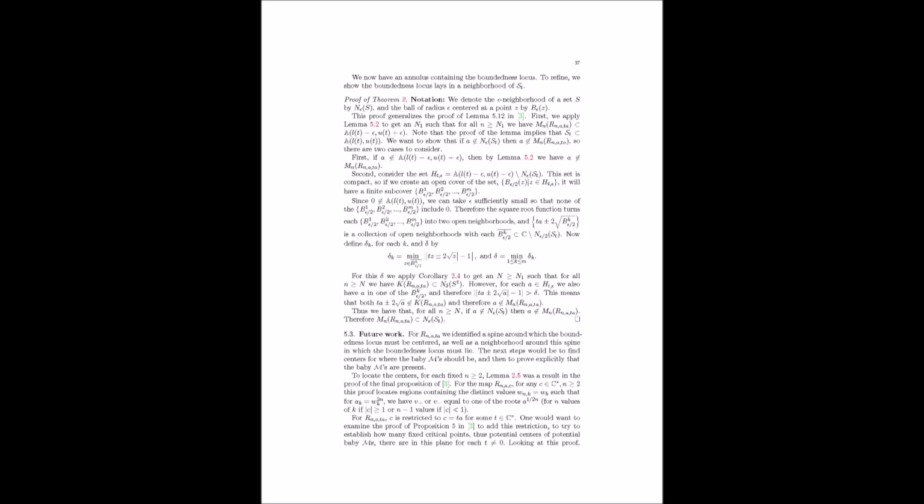The boundedness locus, instead of just being this blob of points, it actually clings to a curve. Oh, wow. And this curve, the spine, it acts as a kind of skeleton for the boundedness locus. It guides its shape. So the spine is like a framework around which the boundedness locus takes shape. Exactly. It's like a backbone. And what's even cooler is that they use the escape radius.